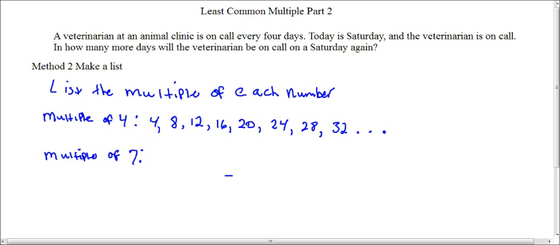Well, what are the multiples of 7? 7 times 1 is 7. 7 times 2 is 14. 7 times 3 is 21. 7 times 4 is 28. 7 times 5 is 35. 7 times 6 is 42. 7 times 7 is 49.